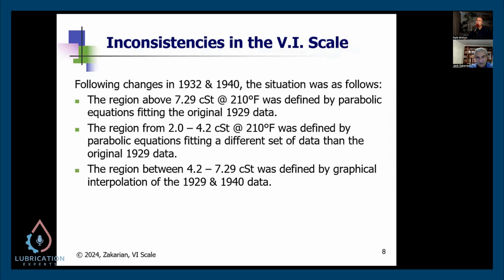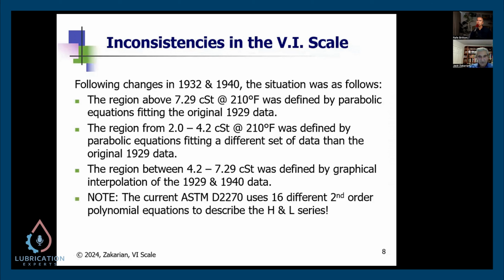And then finally, there was a region in between, and they just did a graphical interpretation and defined the data that way. If you actually look at the current ASTM method, if you want to calculate VI yourself by the calculation method that is recommended, there are 16 different second order polynomial equations that describe the reference series, which is kind of crazy that you need 16 different equations to describe one line.